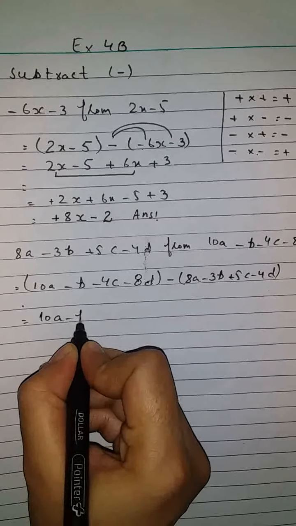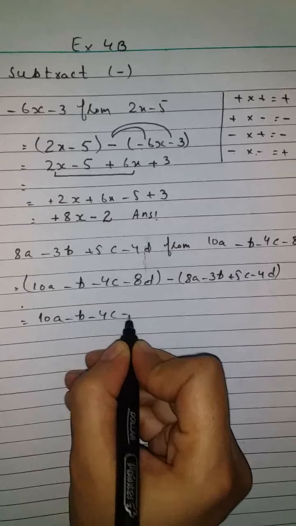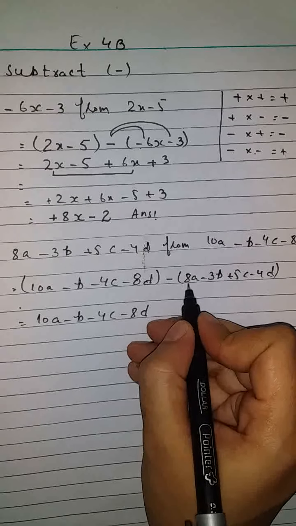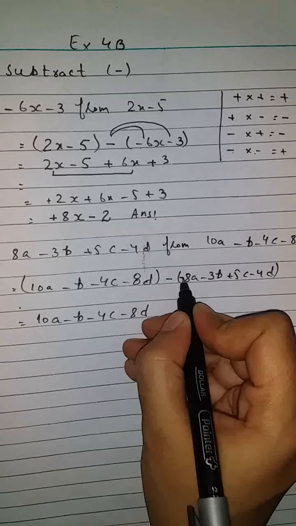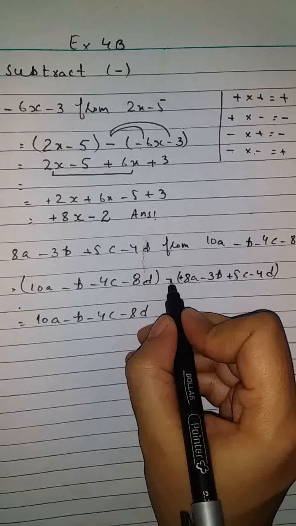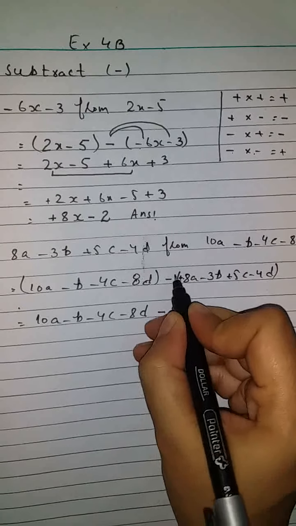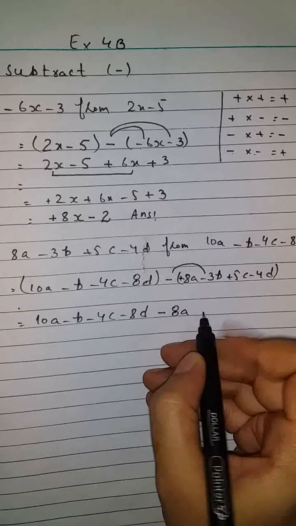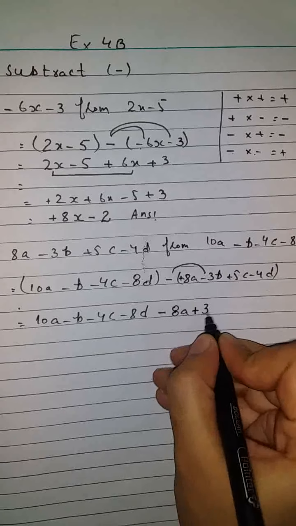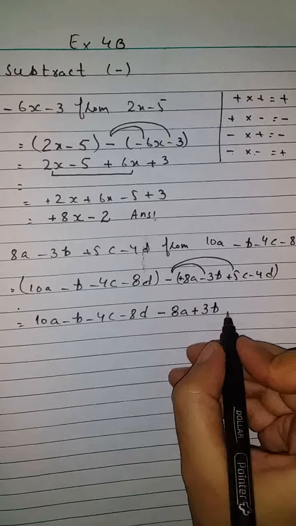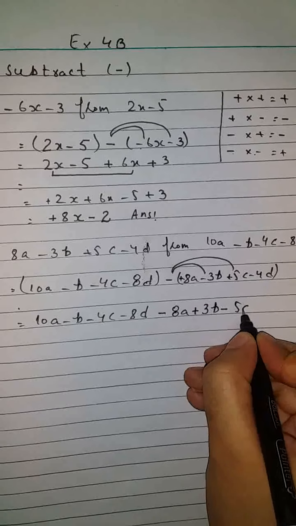10a minus b minus 4c minus 8d. By using the sign rule, there is no sign with 8a, it means there is a plus sign. Minus times plus is minus 8a. Got it? Minus times minus is plus 3b, again minus times plus is minus 5c.